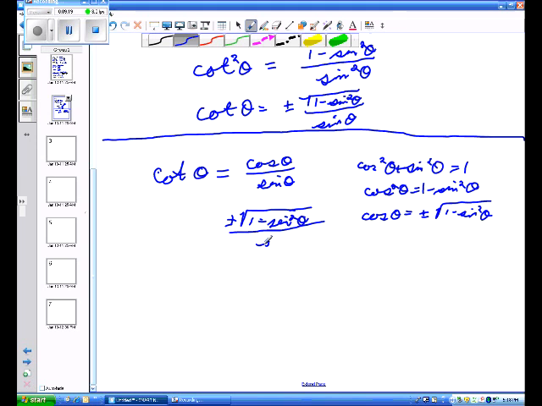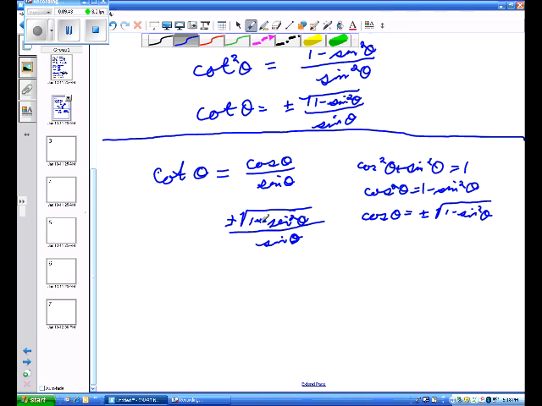over sine theta. And if you'll notice, we got the exact same answer. We just approached it a whole different way using two different identities, but we still got to the same place. And that's one of the things that you need to recognize: there will often be more than one way. And you might say, well, this way was a lot easier.